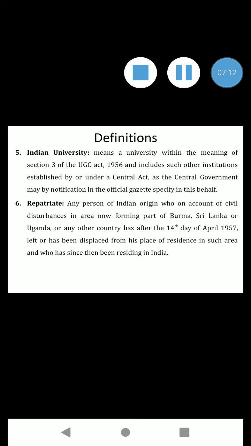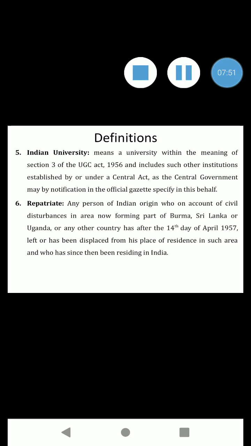Okay, then repeat. Okay, means what? Any person of Indian origin who, on account of civil disturbances in an area now forming part of Burma, Sri Lanka or Uganda or any other country, has after the 14th day of April 1957 left or has been displaced from his place of residence in such area, who has since been residing in India.